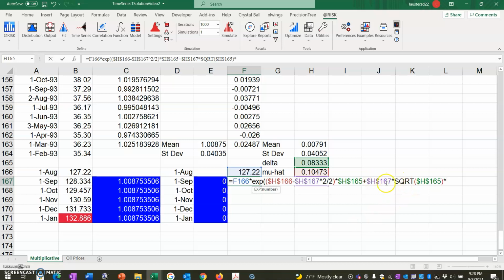And so that's the volatility parameter, sigma hat, times the square root of delta, times the standard normal random variable. And I won't enter an absolute reference on that standard normal random variable because I want to reference the different ones by month as we copy this down.